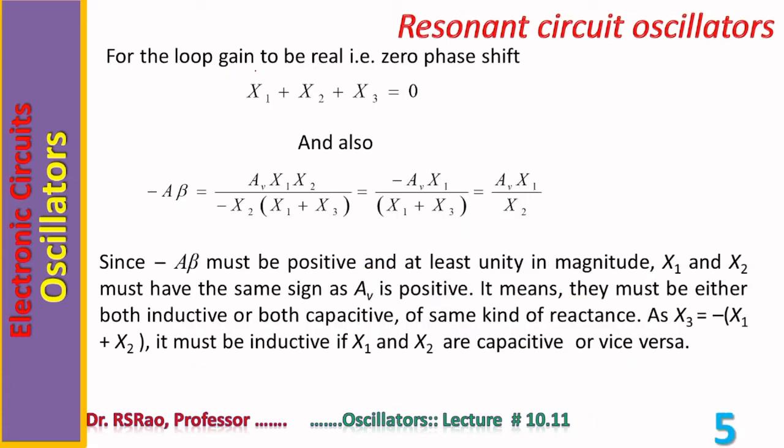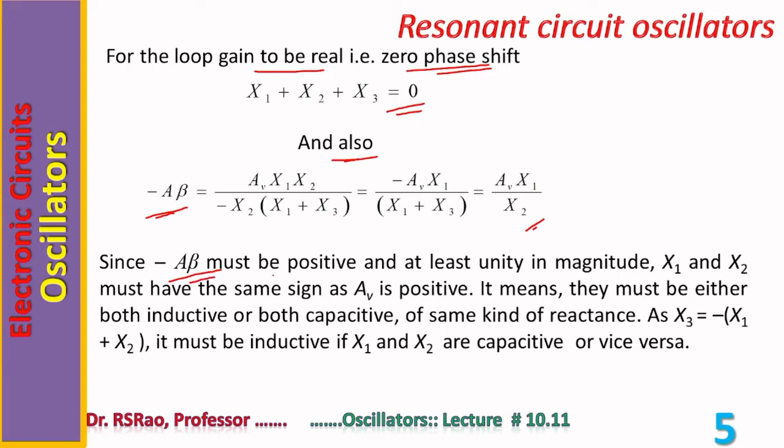For the loop gain to be real, with 0 phase shift, X1 plus X2 plus X3 has to be 0. And also minus A beta is equal to Av X1 X2 by minus X2 (X1 plus X3), equal to minus Av X1 by (X1 plus X3), equal to Av X1 by X2.